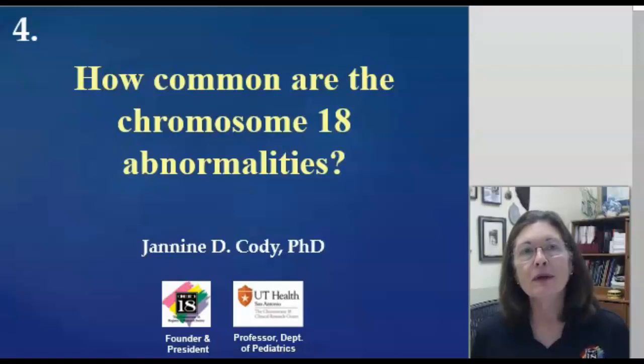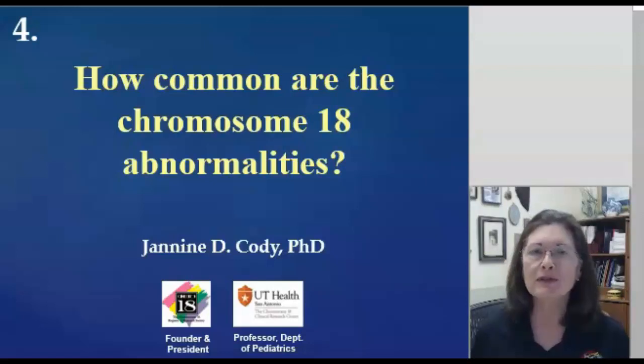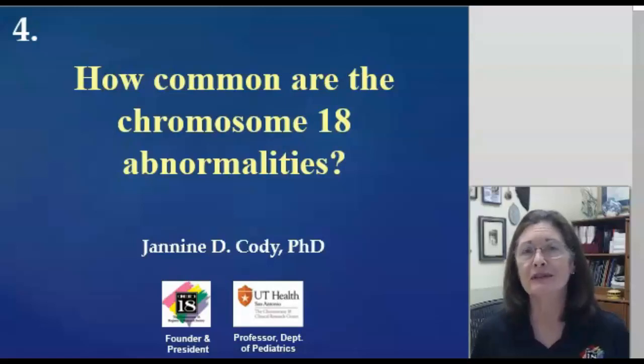And when you include changes in gene or chromosome copy number that small, we all have them. All of us have more than one, probably. And so that seems sort of meaningless when you try to answer the question, how common are the chromosome 18 abnormalities? So maybe we try to answer this question differently.